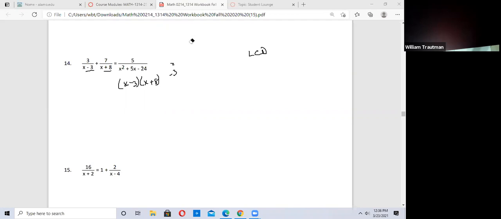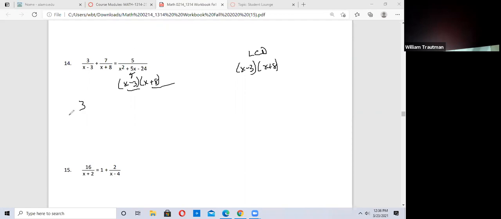And remember the LCD: you take that bottom, then that bottom, and then this bottom, but we already have an x minus 3 and we already have an x plus 8. So we're done with the LCD. Now we multiply each fraction by the LCD.